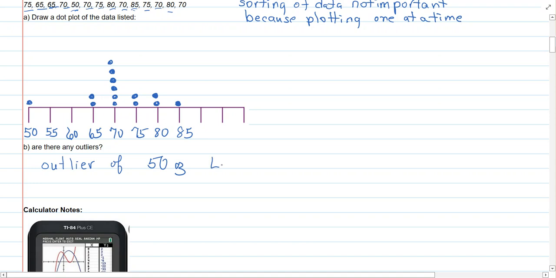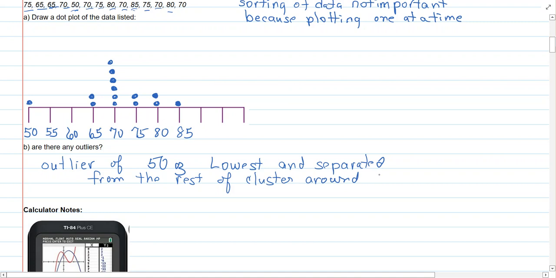It is the lowest and separated from the rest of the cluster around 65 to 85.